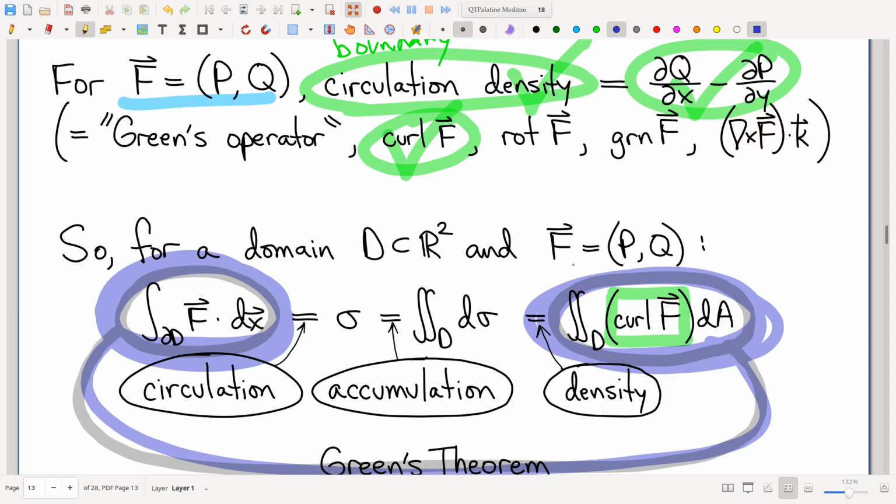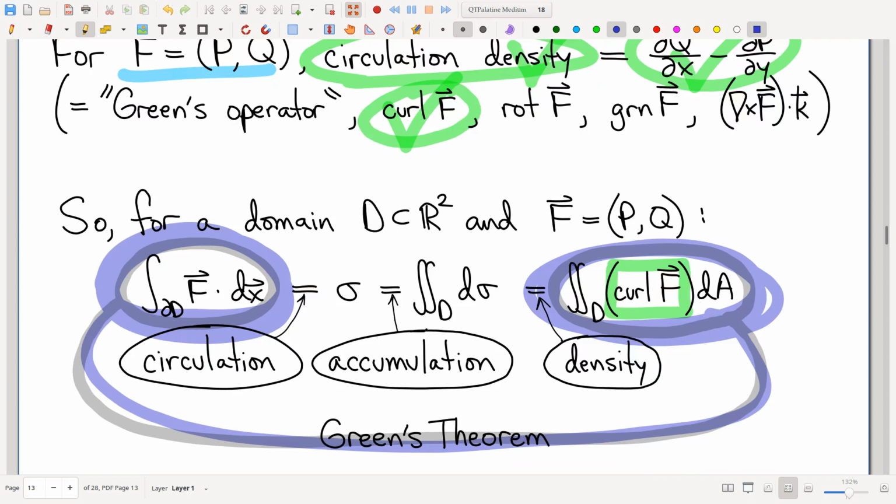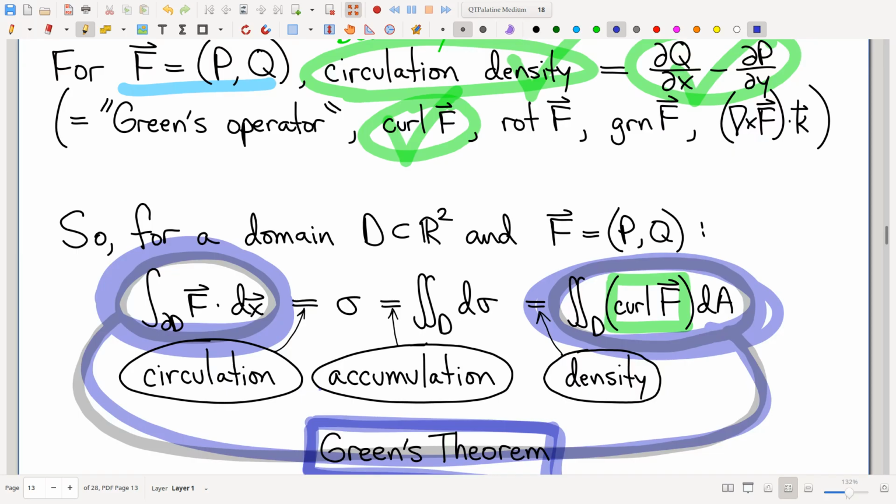So, let me go ahead and highlight this. This is called Green's theorem. All right, now back to the notations. Because it's called Green's theorem, I find it satisfying to refer to this integrand as Green's operator, because it is the operator that makes Green's theorem work.